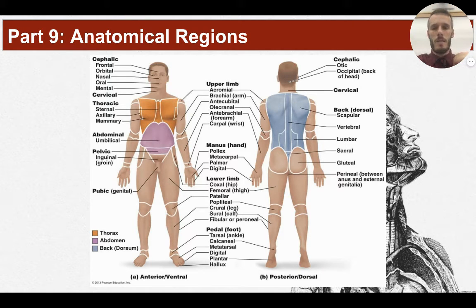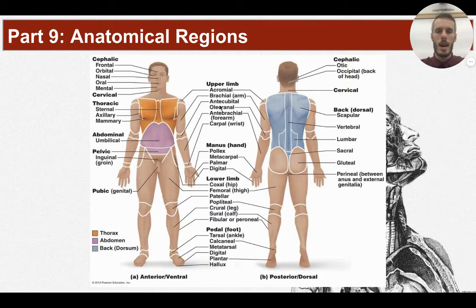Then we have, for the elbow, two different terms, one for the anterior portion and one for the posterior portion. So if we look here at my elbow, and this might be hard to see, but right here, the inside of your elbow, that is the antecubital region. And then the outside of your elbow is the olecranal region.